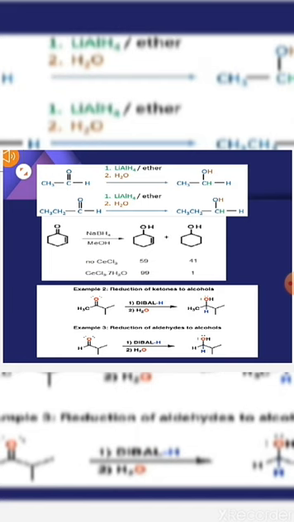In JEE Mains exams, generally products are asked in presence of these reducing agents. It means comparison is asked. So you must know what groups are reduced in presence of these three types of reducing agents.